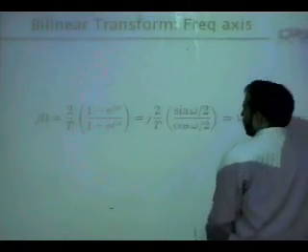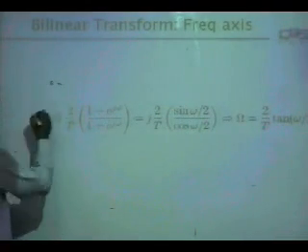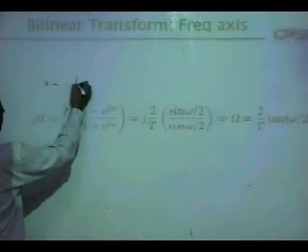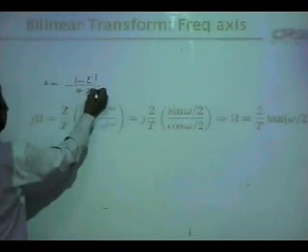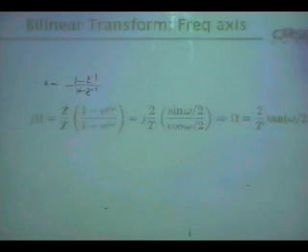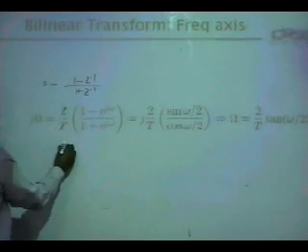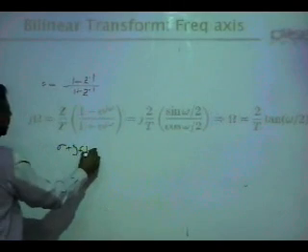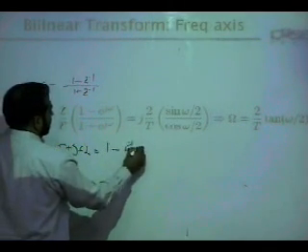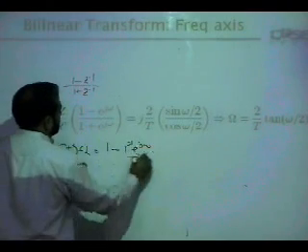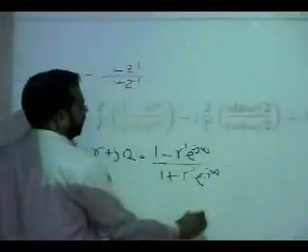And it is coming from that s is equal to, again let's not worry about this, 1 minus z inverse over 1 plus z inverse. It is this relationship. So if you convert, write s is sigma plus j omega is equal to 1 minus r inverse exponential minus j omega over 1 plus r inverse exponential minus j omega, right?